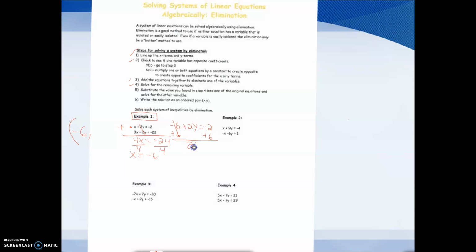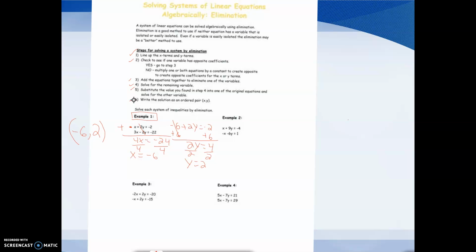I've got 2y equals -2 plus 6 is a +4, right? Now, divide out the 2. And y equals 2. So let's put that in there. And we're done. Okay? And of course, if you wanted to check it, you're just going to plug it back into the original equation.